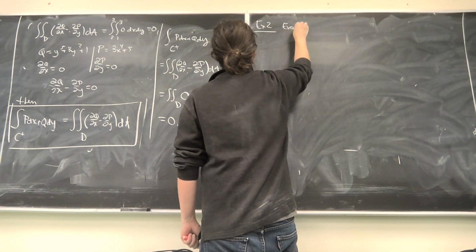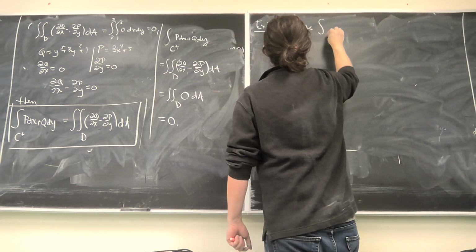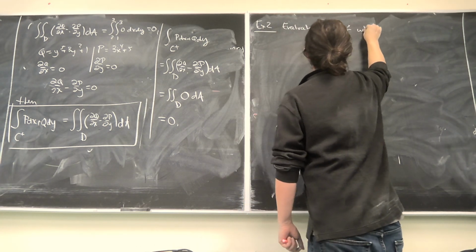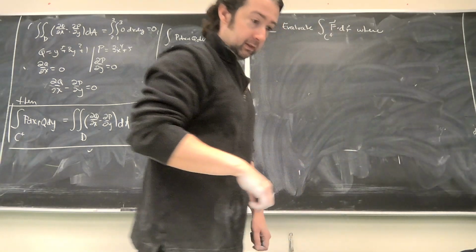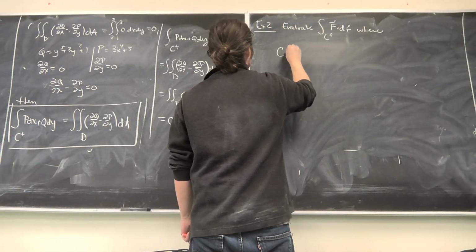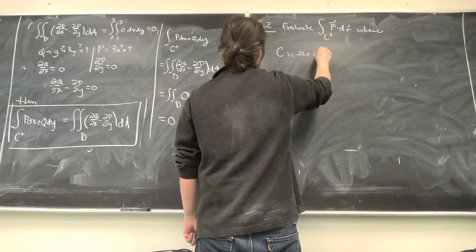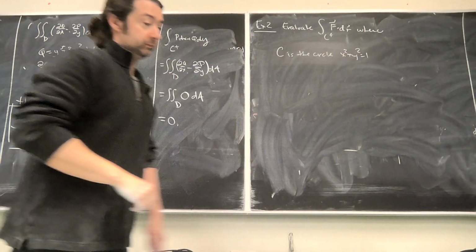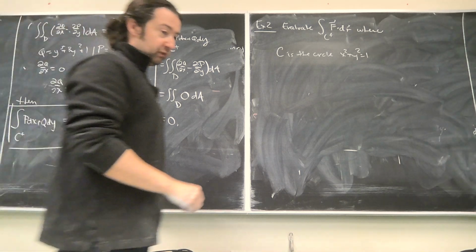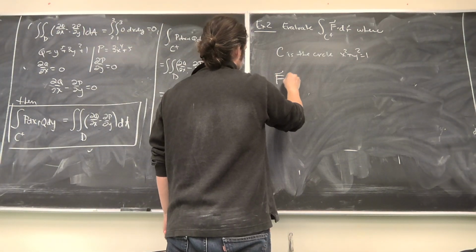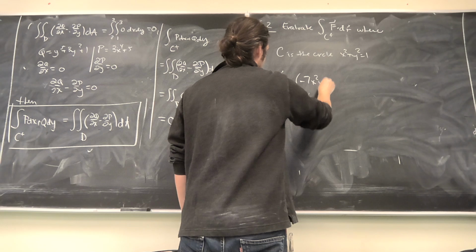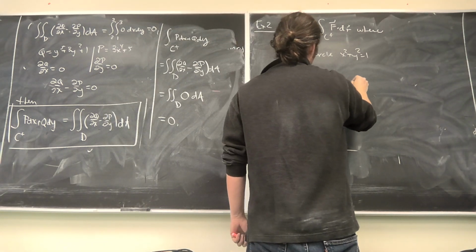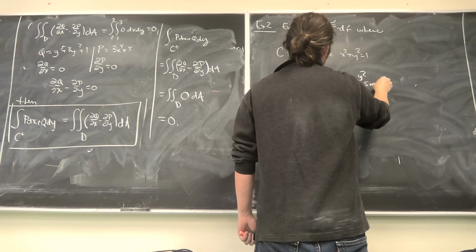Let's evaluate the integral around C positively oriented of F dot dr where C is the circle x squared plus y squared is equal to 1. And the vector field F is equal to minus 7x squared y, comma, 4x plus e to the y squared sine y.